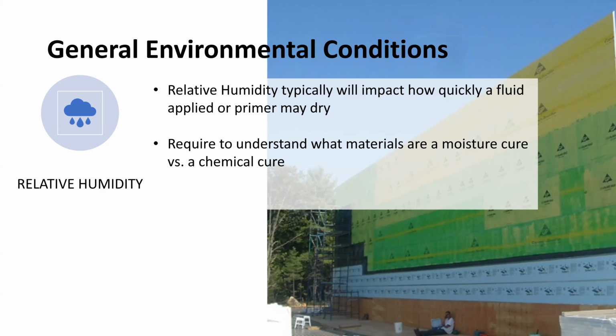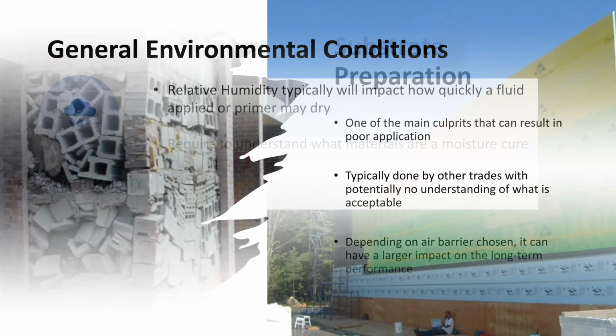And all those things will have a play in regards to, can we install this air barrier on this specific day and this specific time? Okay, so just keep in mind, once we hit those shoulder seasons of fall and spring, where we have big temperature fluctuations, we need to maybe pay a little bit more attention to that.